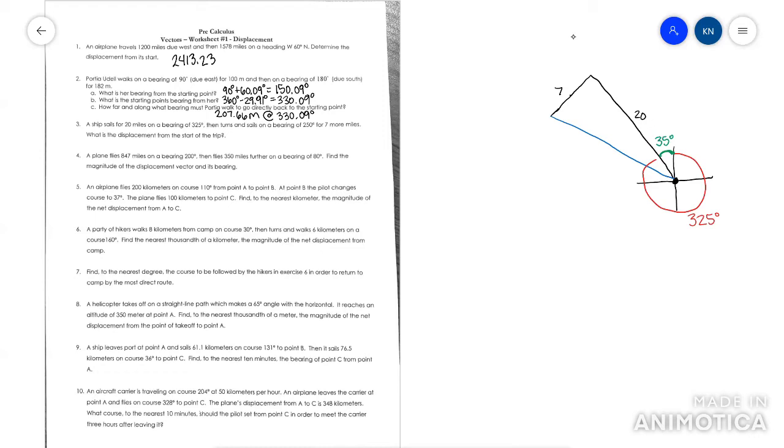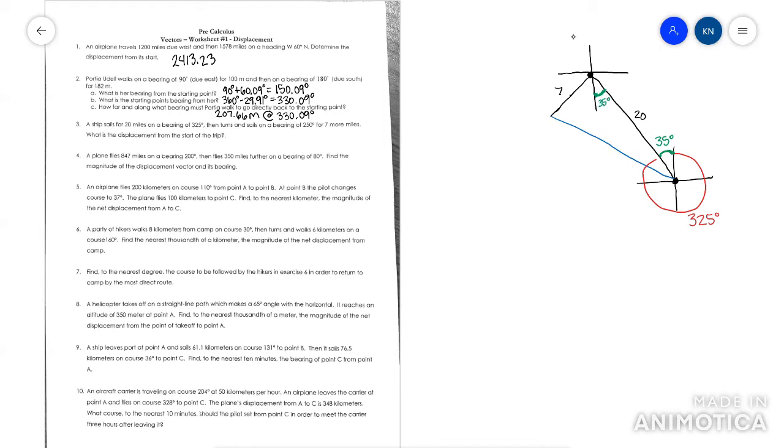Still with me? Now you go to this point here, and you draw your northeast, southwest as well. This green angle matches this green angle. It's like a parallelogram. So I know this is 35 degrees.